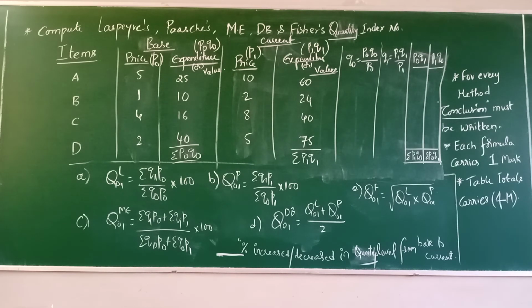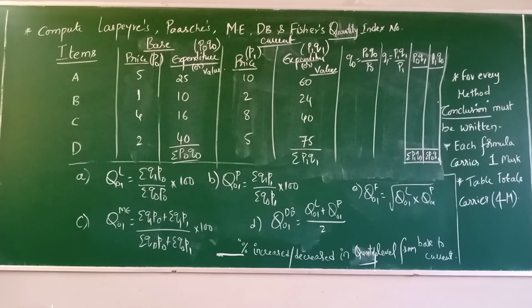So after getting Q0 and Q1, base year quantity and current year quantity, the remaining 2 columns, P0 Q1 and P1 Q0, you can multiply and then calculate those totals. Here already in the name of expenditure, P0 Q0 and P1 Q1 are given. So only you need to calculate the remaining 2 columns, P0 Q1 and P1 Q0. For that you need quantities.